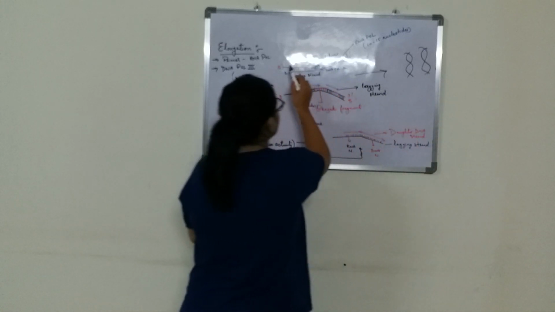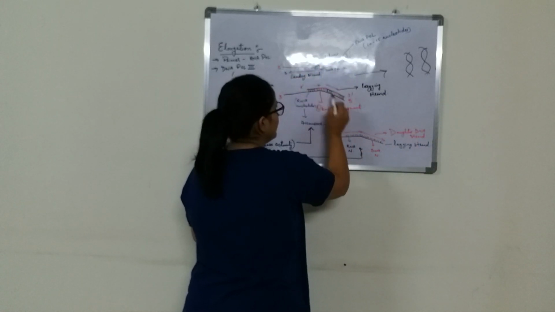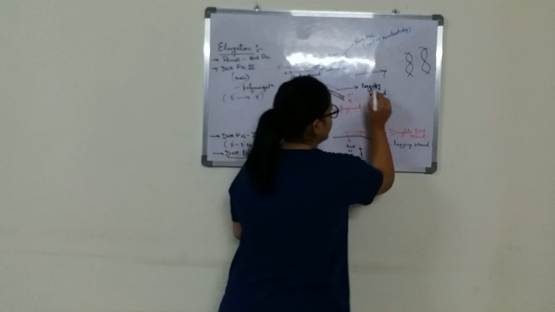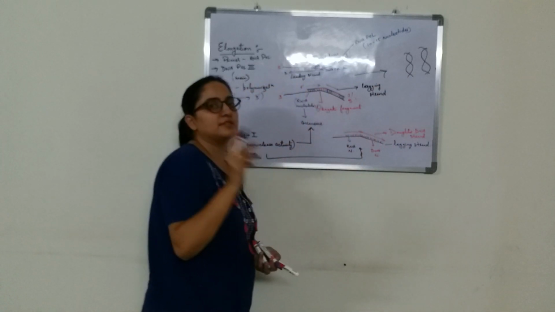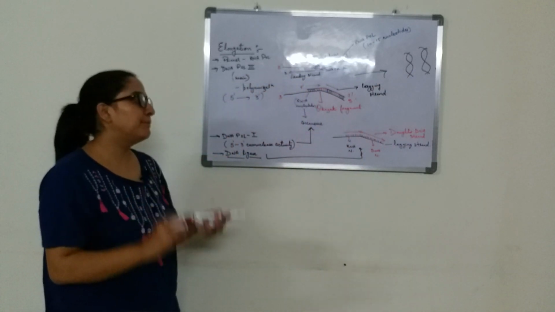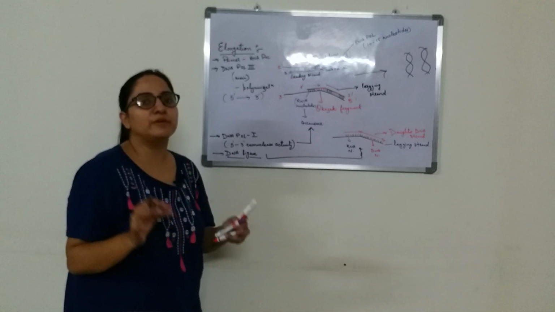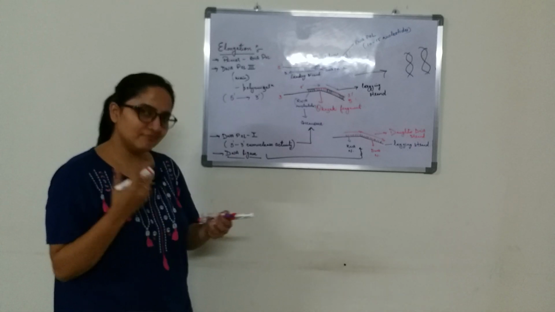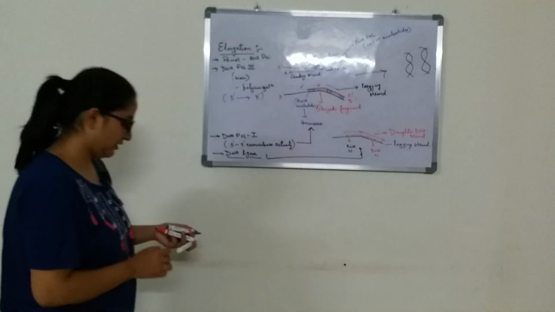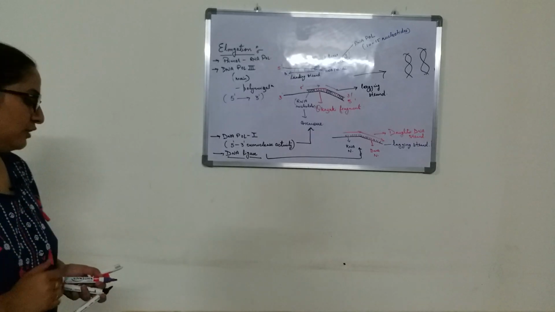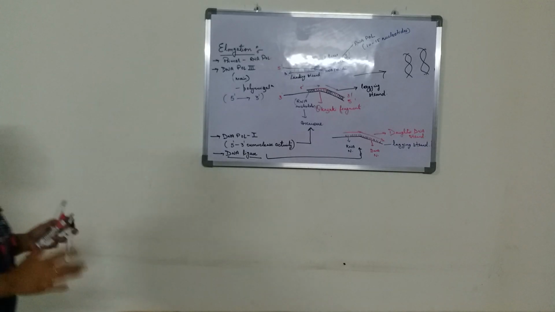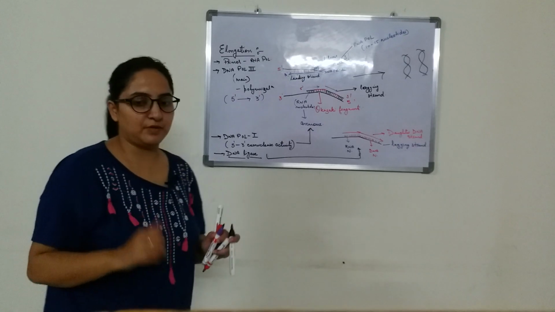These two strands are formed. This is how the two daughter strands will be formed by the process of polymerization, all right? This is how the full process of DNA replication takes place.